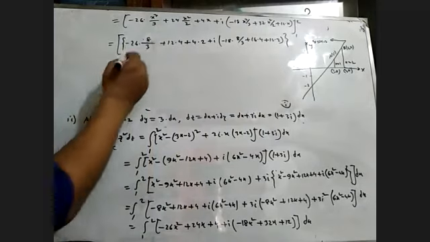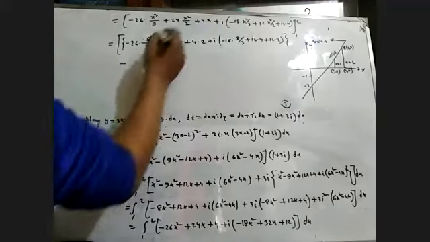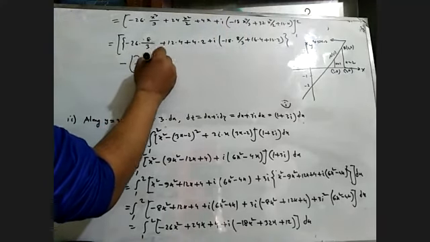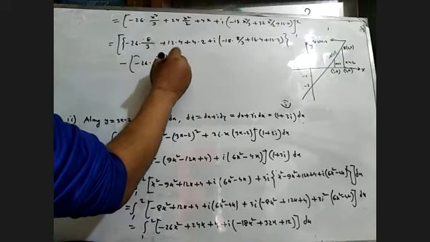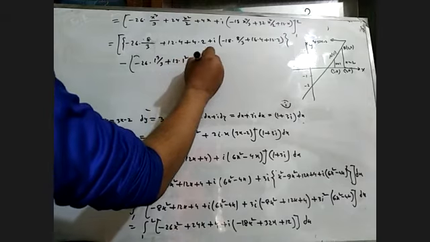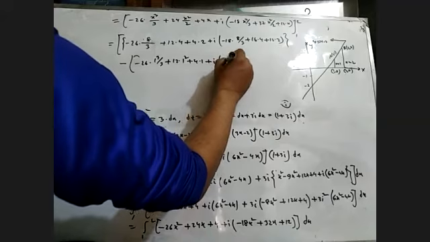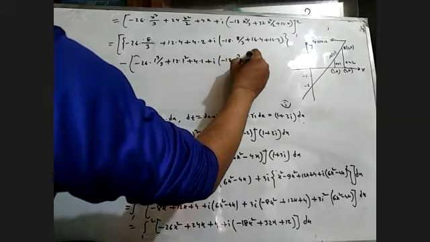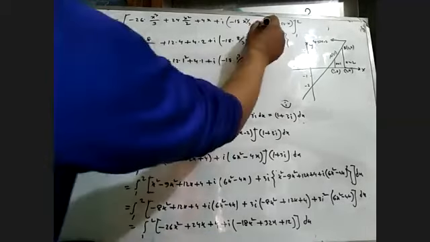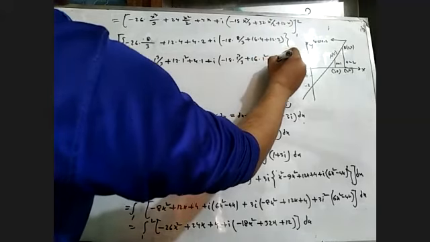Now putting lower limit, putting x equals to 1 in the whole function of x: 26 into 1 cube by 3 plus 12 into 1 square plus 4 into 1 plus i into minus 18 1 cube by 3 plus 16 into 1 square plus 12 into 1.